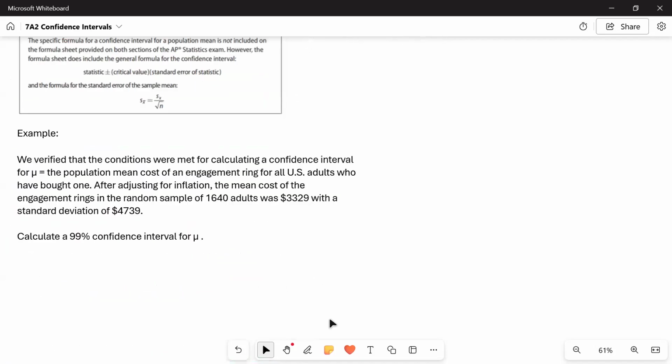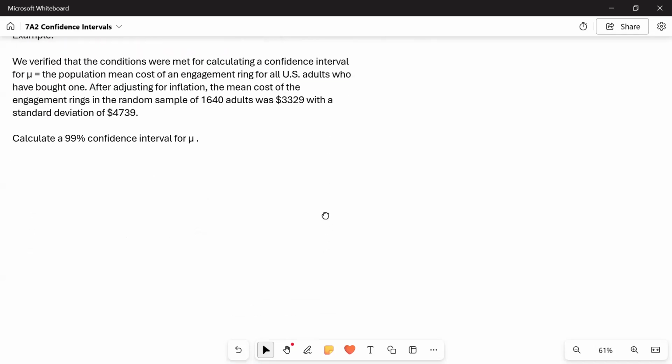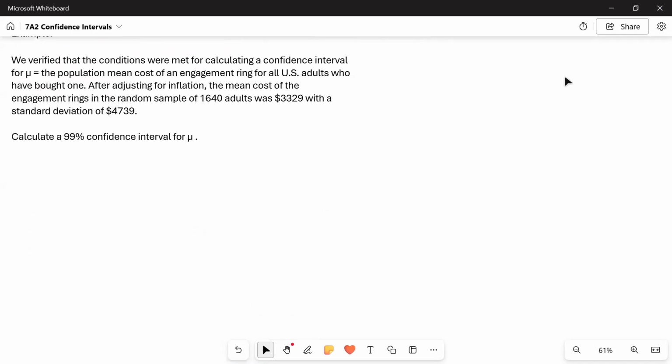Alrighty, so let's take a peek at an example. So we're piggybacking off of the example from the previous video where we've already verified that the conditions are met for calculating a confidence interval for mu, which is the population mean cost of an engagement ring for all US adults who bought one.